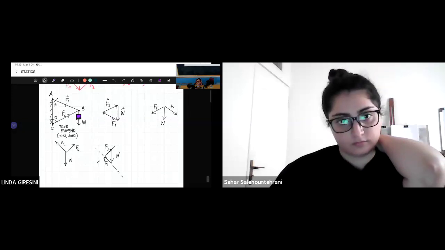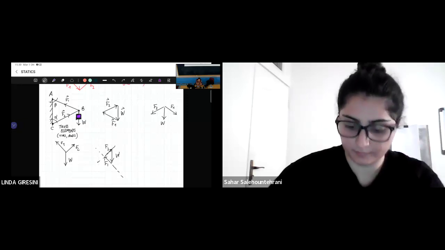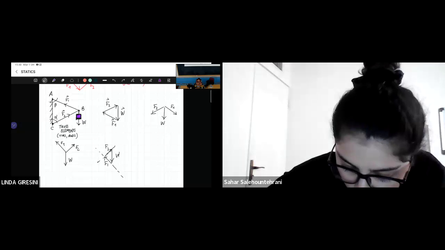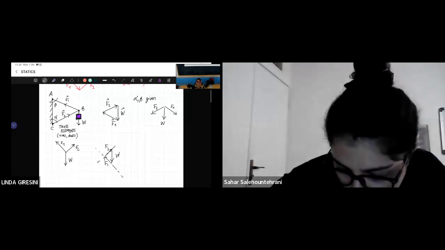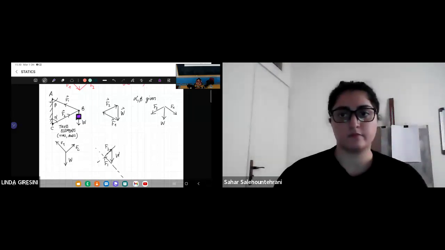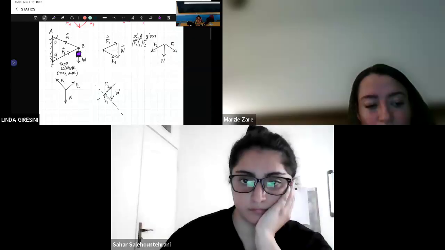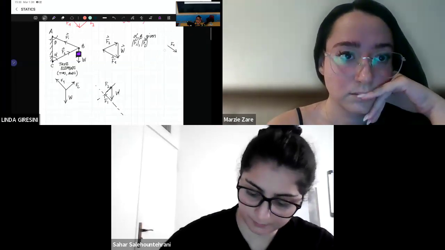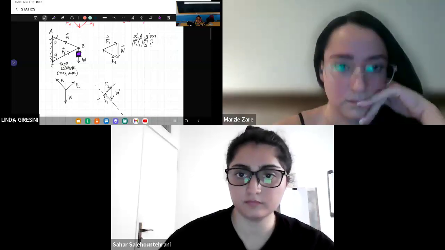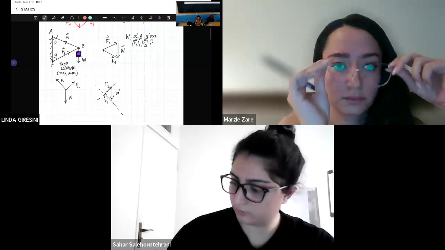You were asked to find the magnitude, because the direction is already known, since alpha and beta were given. So the only unknowns were the magnitudes F1 and F2. All the rest was given, also W was given.